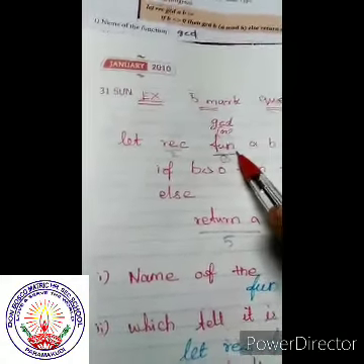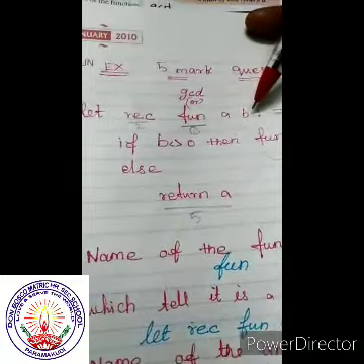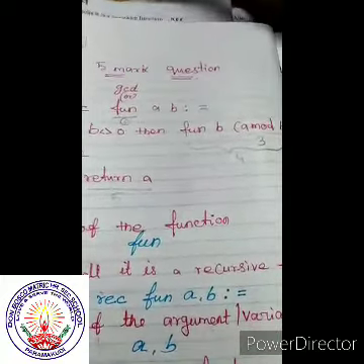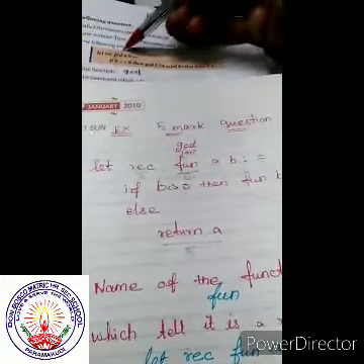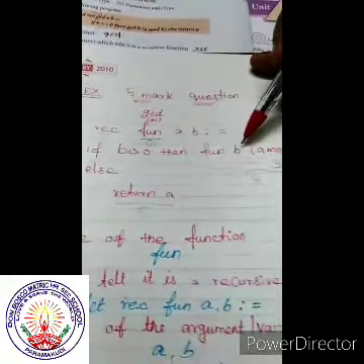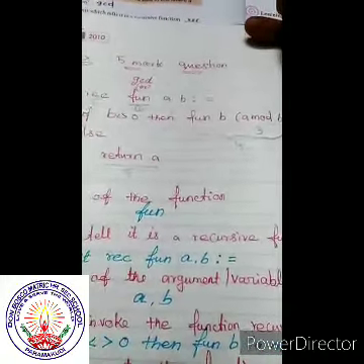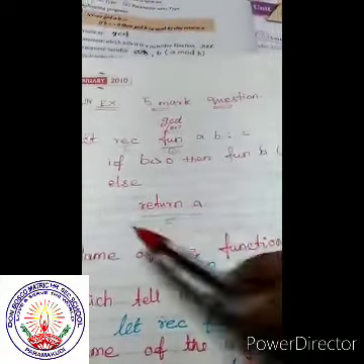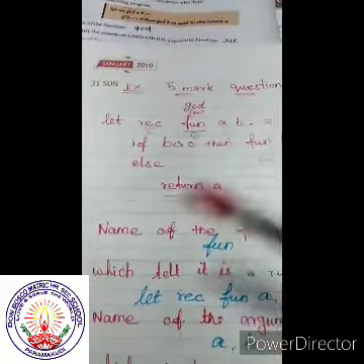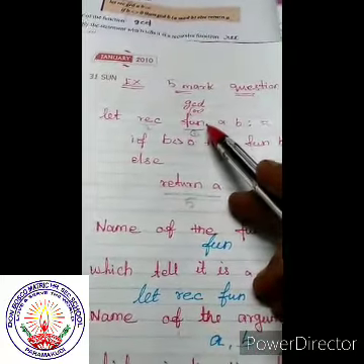Fun is the function name, with arguments A and B, and also the statement if B not equal 0 then fun B of A mod B, else part return A. In your book I have to change the function name only.